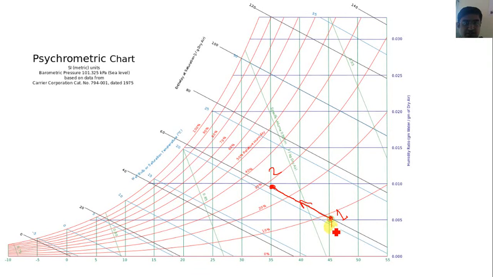Here at the inlet you can see the value of dry bulb temperature is 45, and at the outlet the value of dry bulb temperature is 35. So the dry bulb temperature gets decreased, which means it is a cooling process.